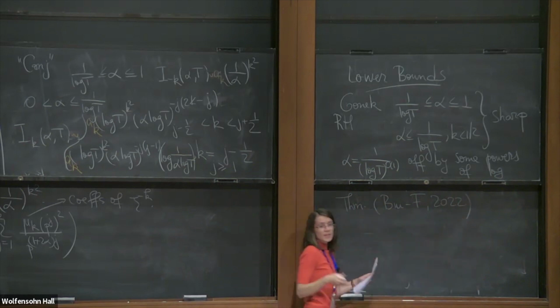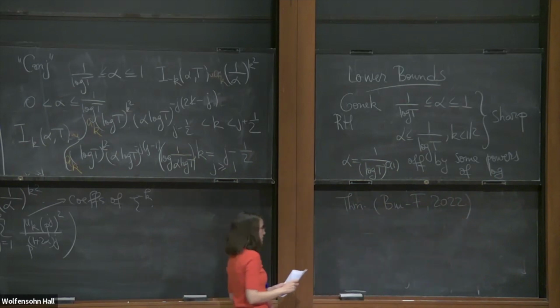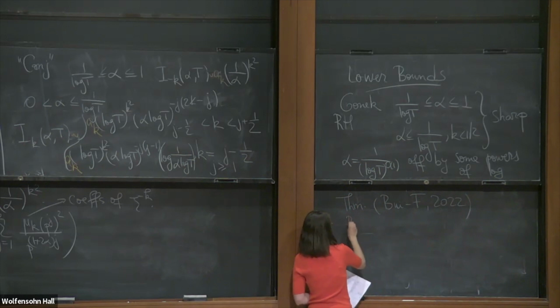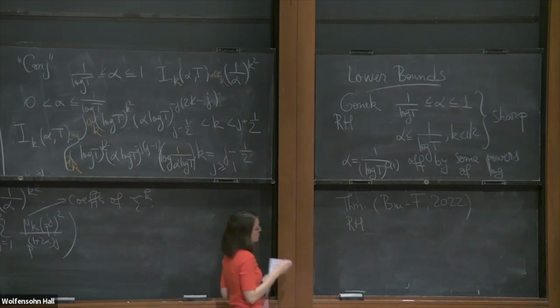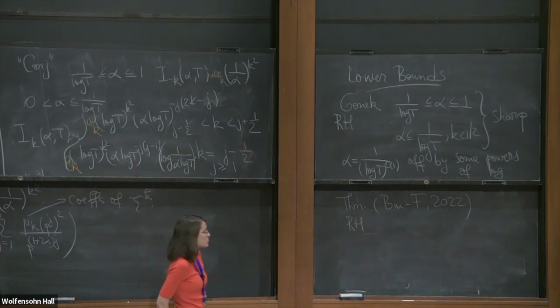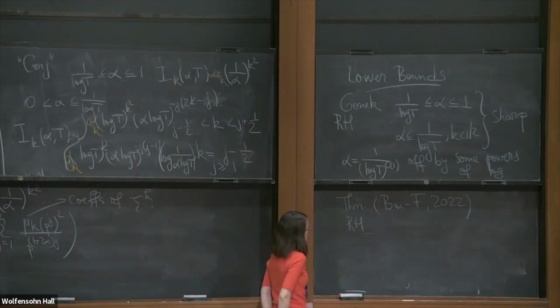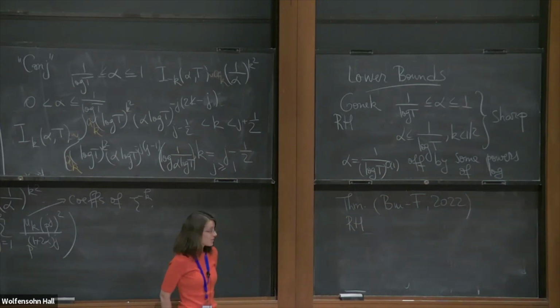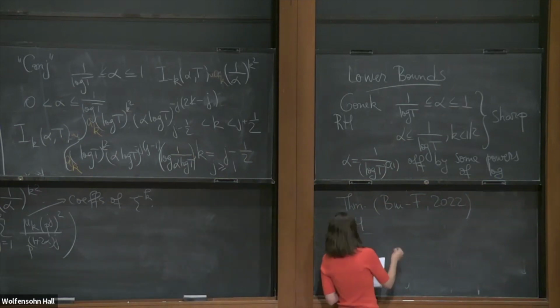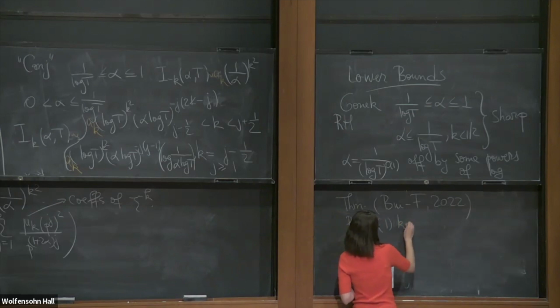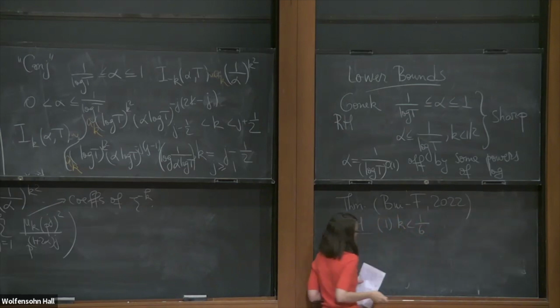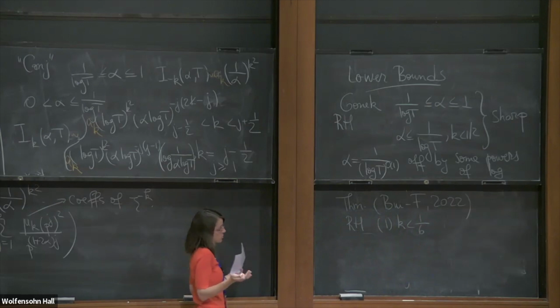So we are looking at upper bounds. Again, we assume the Riemann hypothesis, and we get upper bounds in various ranges. In some ranges, they are sharp or almost sharp. In some ranges, they are very far from sharp. So when k is small, we go up to 1 over 6. Maybe this 1 over 6 can be improved to 1/2.